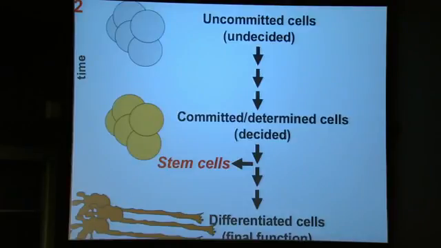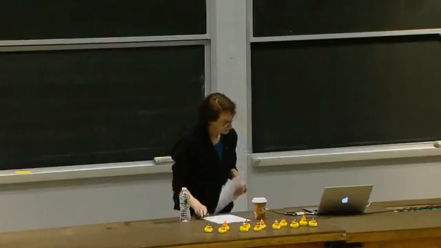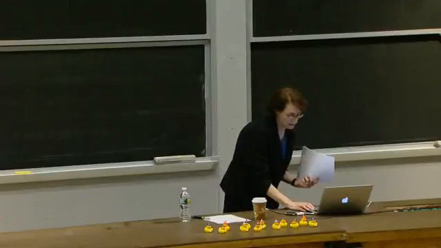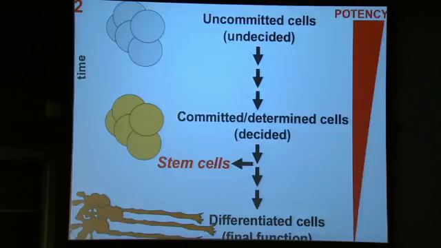There are multiple steps between commitment and differentiation, and somewhere along the way, a group of cells with capacities we'll talk about leaves this lineage and sits around and waits, partially determined, so that it can go on and make more differentiated cells when they're needed. And I've added on there the potency timeline decreasing with age of the developing animal.